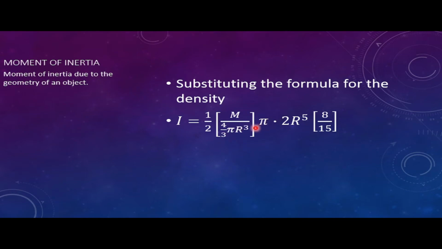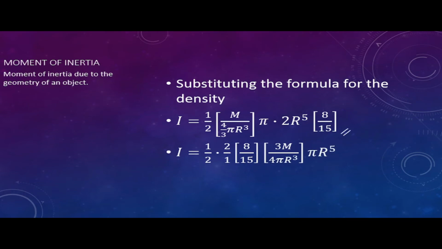So we will cancel out several terms: r to the 5 divided by r cubed would be r squared. 1/2 times 2 over 1 times 8 over 15 times 3m over 4 pi r to the power of 3 times pi r to the power of 5, and then the solution is 2 over 5 m r squared, wherein m here is the mass of the earth.